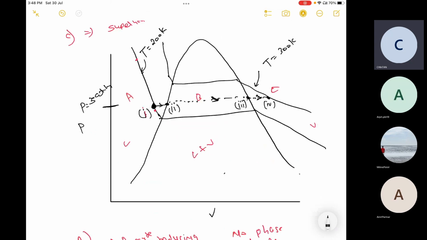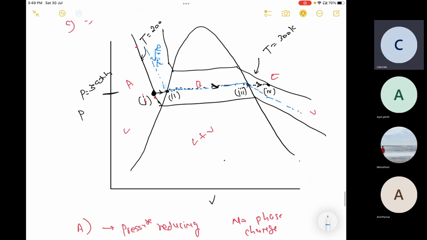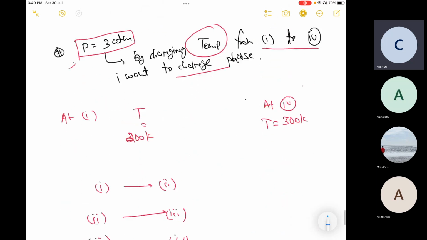In zone 1, can I say we are changing the temperature but not changing the phase? Because definitely we have another line here, as I have not drawn all lines. We must have a line here, maybe temperature is equal to 250. So in zone 1 we are changing the temperature without changing phase.